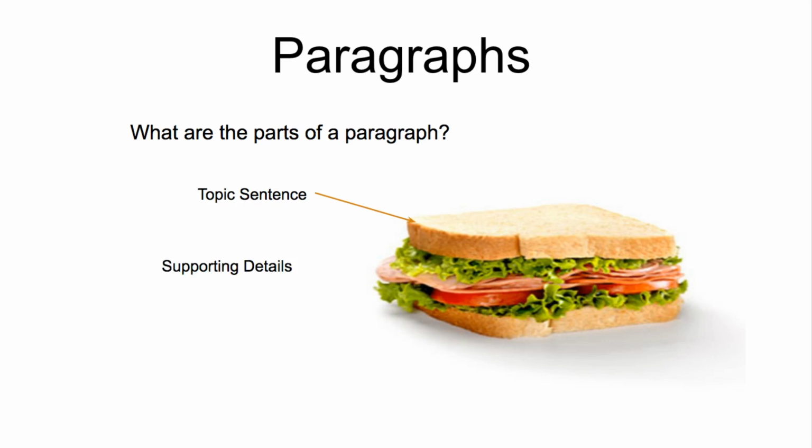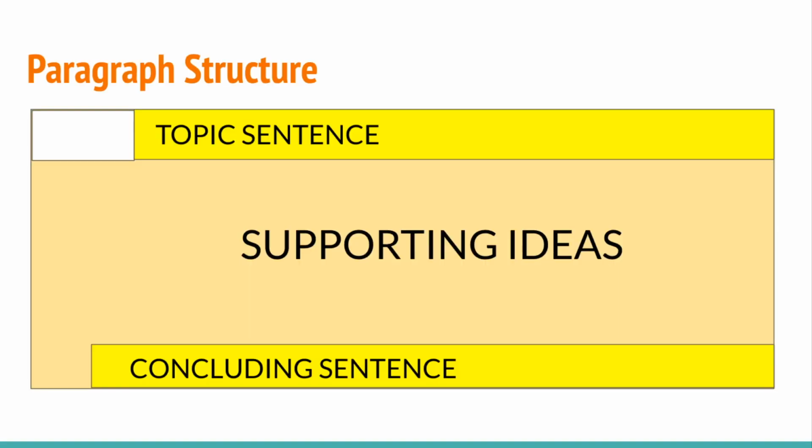Then our delicious filling is our supporting details. And right at the bottom, our bottom slice of bread is our concluding sentence. We need all three of those things to make this delicious looking sandwich. On the page, it looks like this: a topic sentence, supporting details, and then we finish with a concluding sentence.